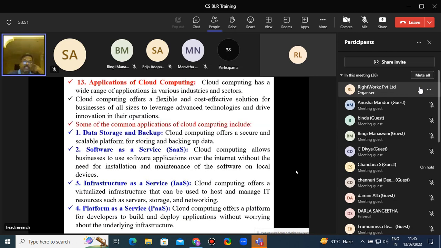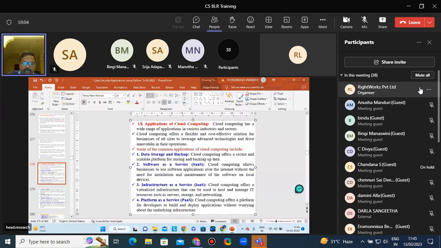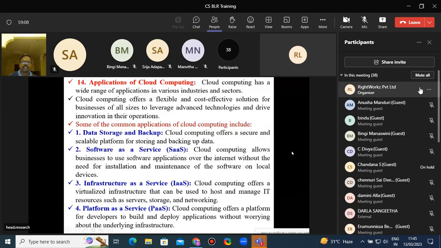Then the next concept is applications of cloud computing. Cloud computing has a wide range of applications in various industries and sectors. So, what are the applications of cloud computing?